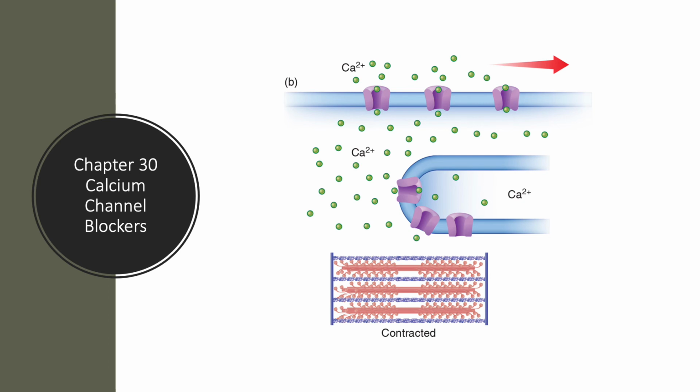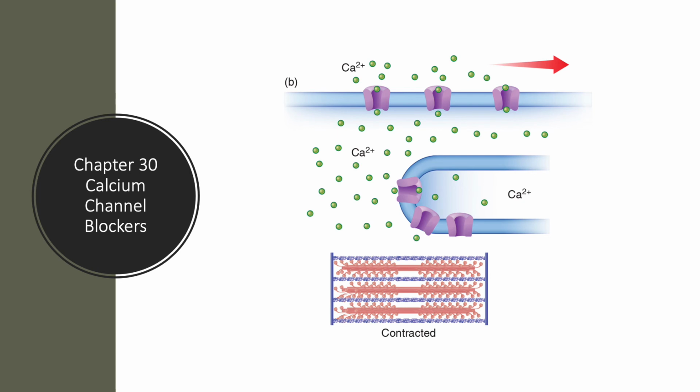Calcium channels are also in the heart, and they are involved in maintaining a certain heart rate and contractility of the heart. Okay? So now let's think about when we block some of these calcium channels.